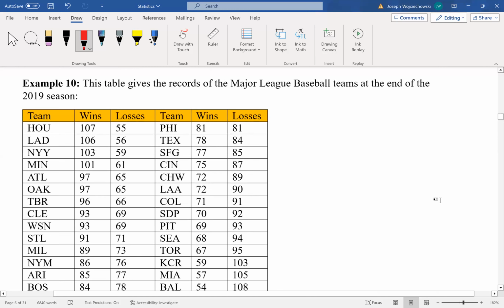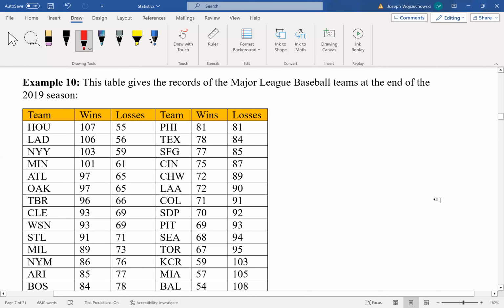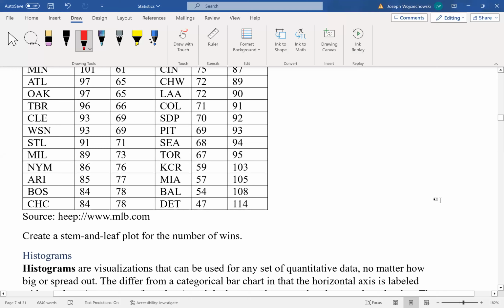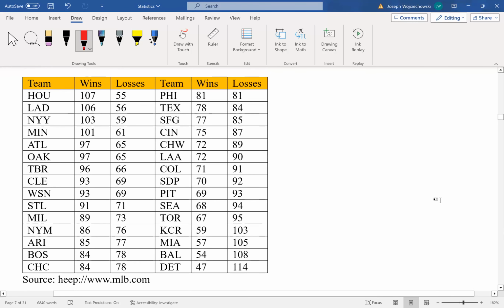So this table gives the records of Major League Baseball teams at the end of the 2019 season. We're going to create a stem and leaf plot. Our stem contains all but the last digits.